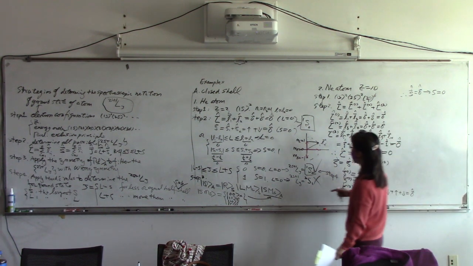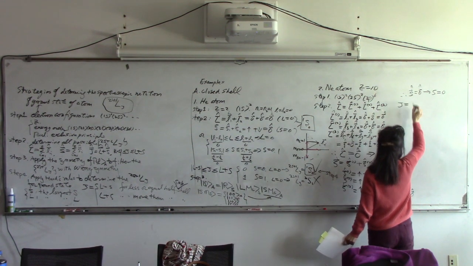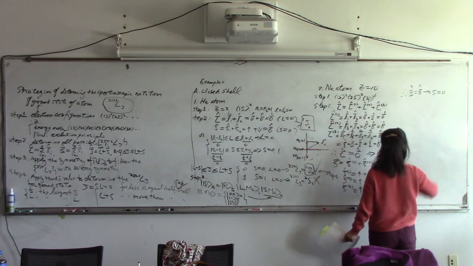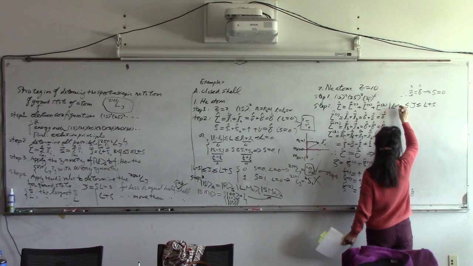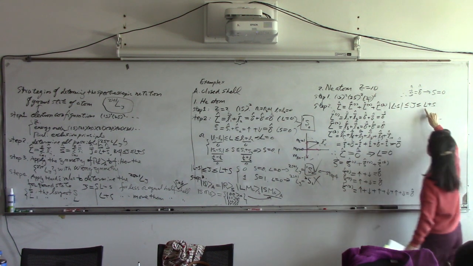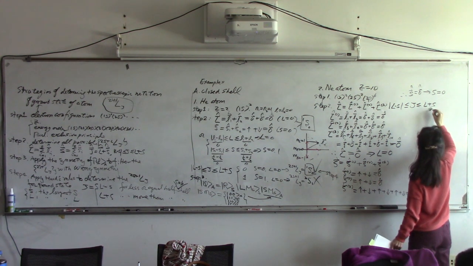Okay, so now once we have the total numbers L and S, then J is between these, right? Because it's total, this is orbital and spin counting. Total orbital plus total spin. So here this is 0.